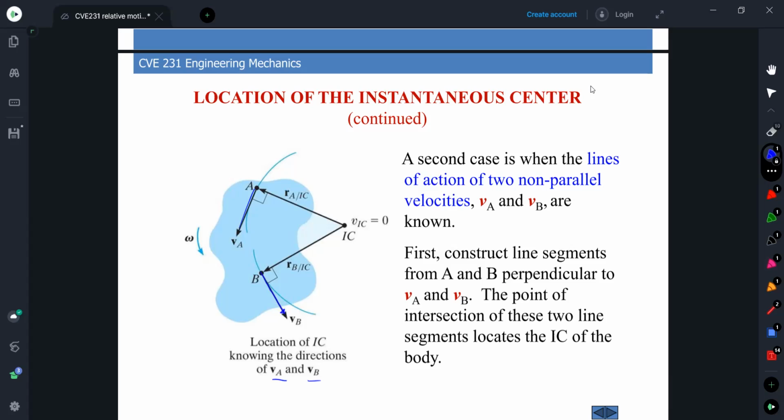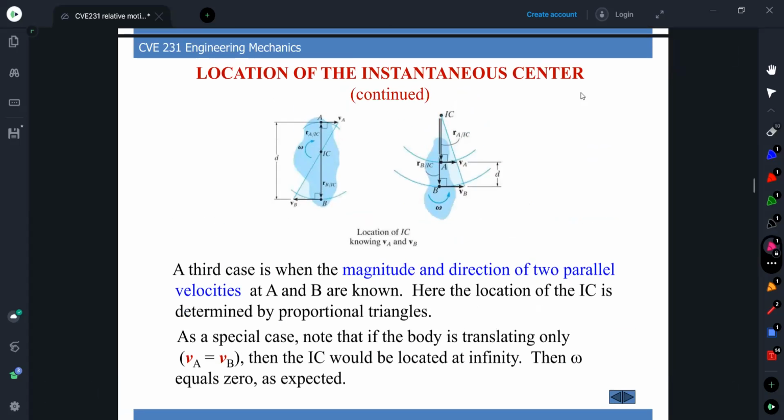We can find IC by constructing line segments from A and B perpendicular to VA and VB. The point of intersection of these two line segments locates IC. So we draw the line perpendicular to VB, draw the line perpendicular to VA, and the intersection point is IC.